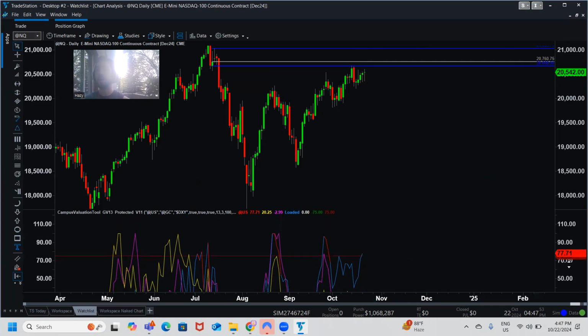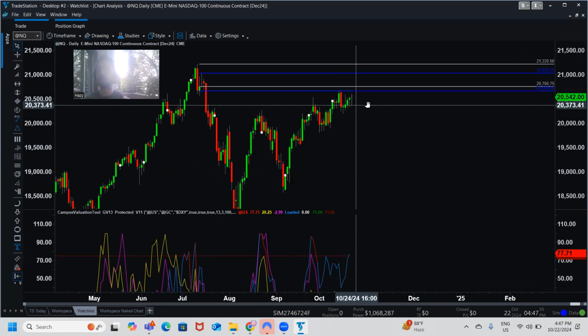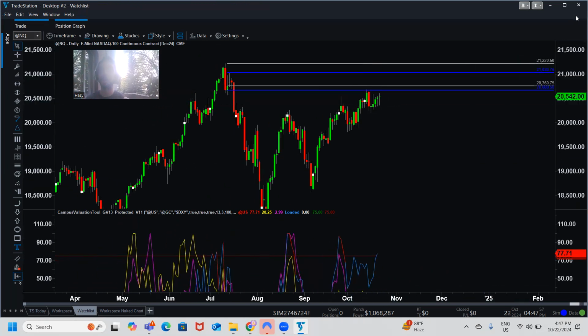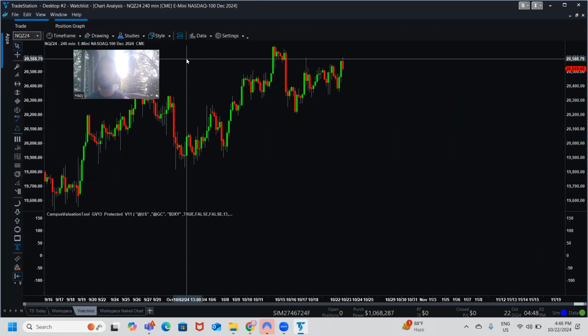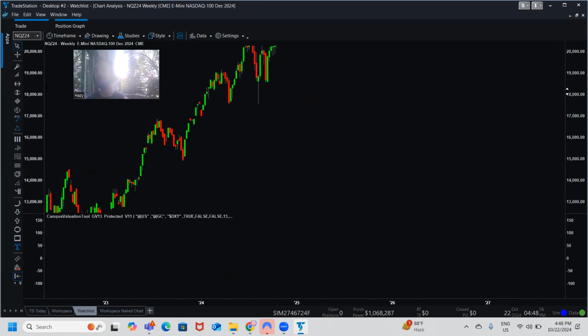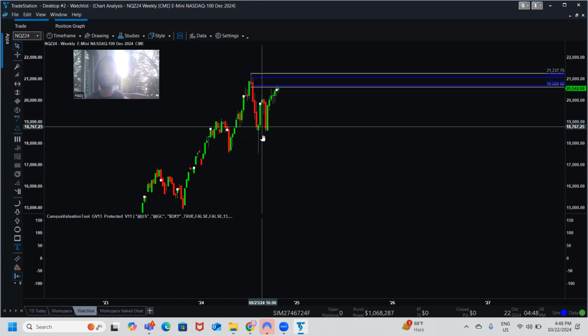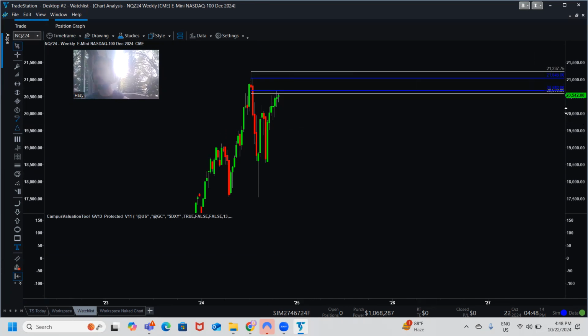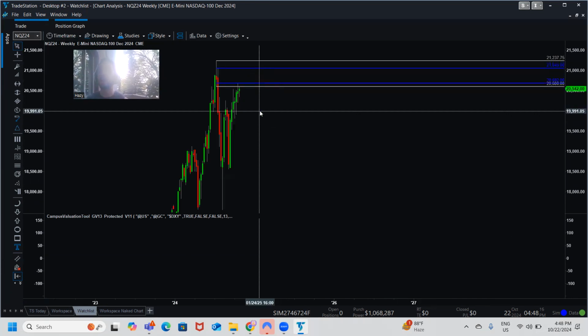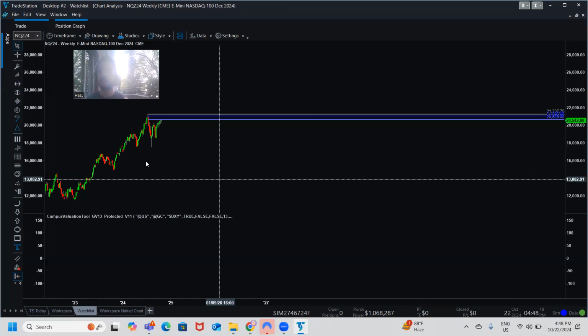So that's a good sign that we can already go short on this market. Now let's talk about the contract specific, which, if you're a futures trader, is the contract that you're going to be trading, the NQZ24, which is the contract that has the most volume.